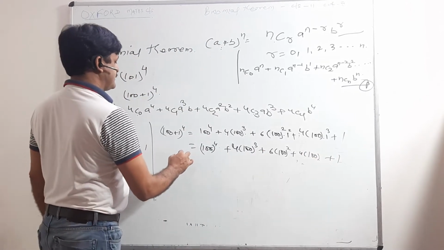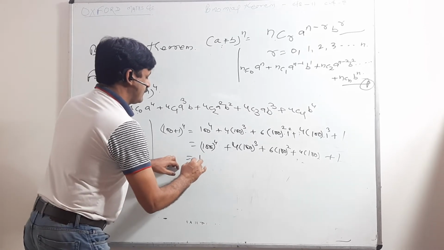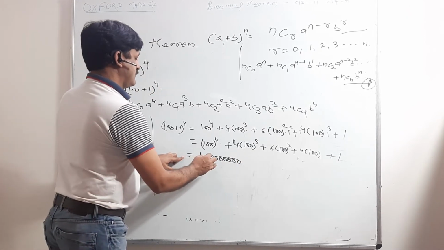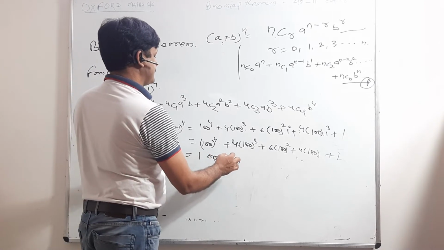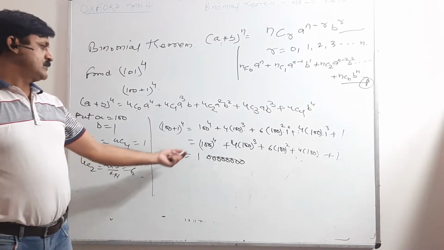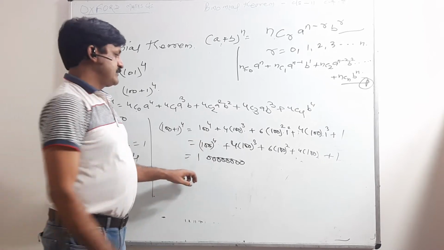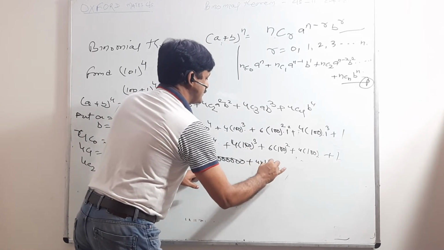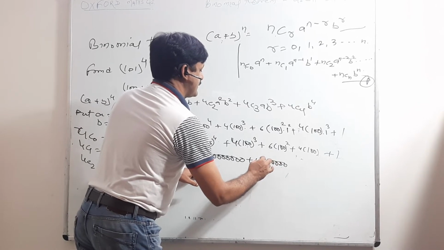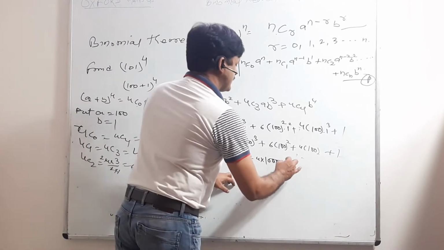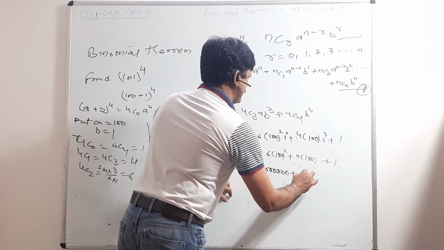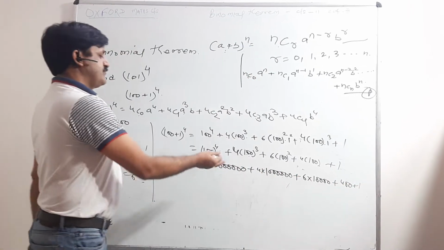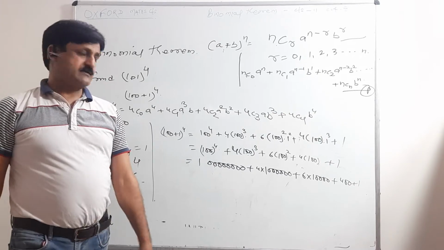Expand these terms. 100 multiplied by 4 times, plus 4 into 3 times of this, then plus 6 into 1, 2, 3, 4, and 400 plus 1. Simplify and solve and get the answer.